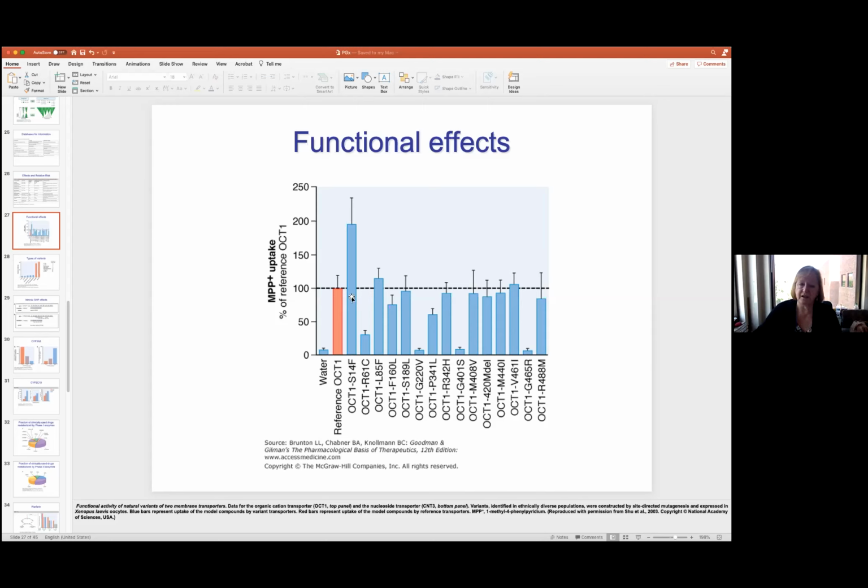You can see that this change induces an increase in function. Almost all the rest of them are neutral, definitely within error bars here. But there are a couple of these changes that really decrease the efficiency of MPP uptake.